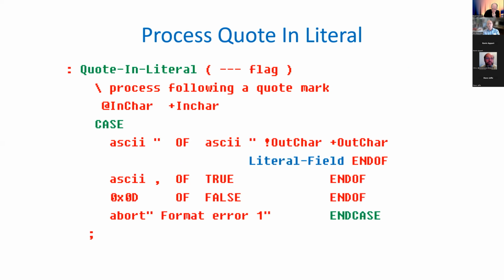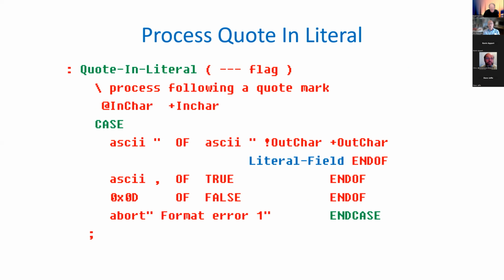The final state is finding a quote in literal. In this case, we've already had one quote, and now we're looking for a second quote in line. So if we get an ASCII double quote, in this case, then we put the ASCII double quote out with out character. That stores the ASCII character in the output buffer because we've had two double quotes in a row.